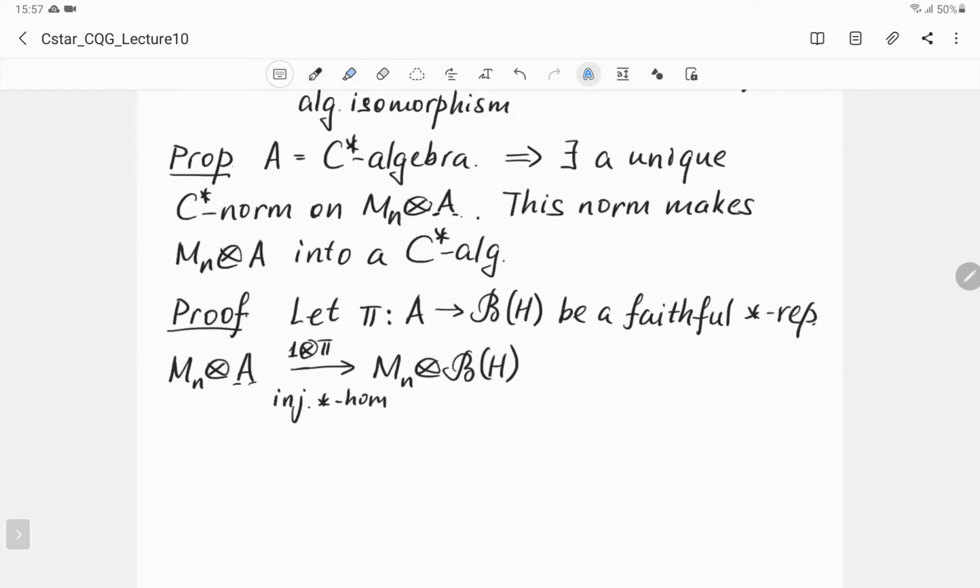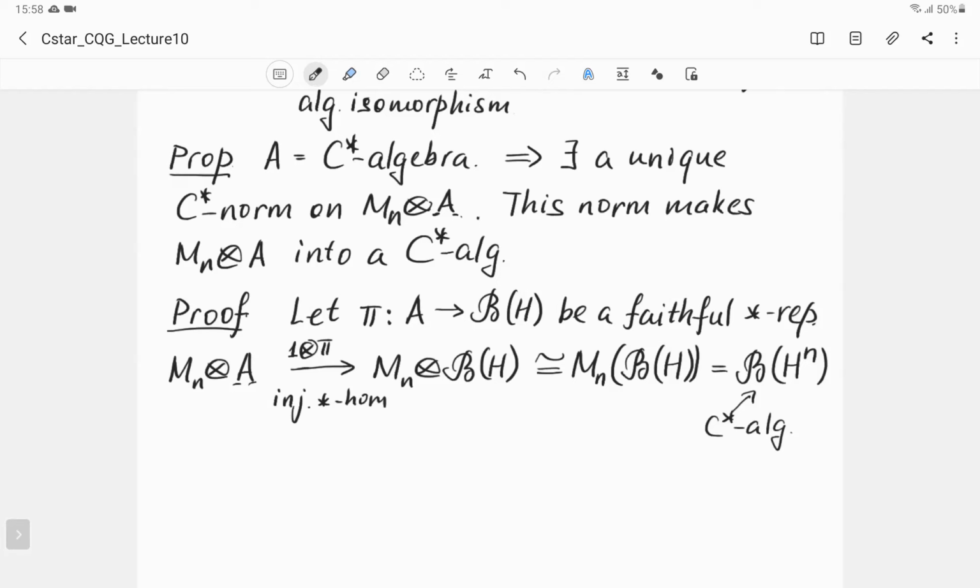But what is this? By the above remark, this is isomorphic to the algebra of n by n matrices with entries in B(H). But this is nothing but the algebra of bounded operators on H to the power n, that is, on the Hilbert direct sum of n copies of H. And this is a C-star algebra. So we see that our map is a faithful representation of the tensor product on H to the power n.